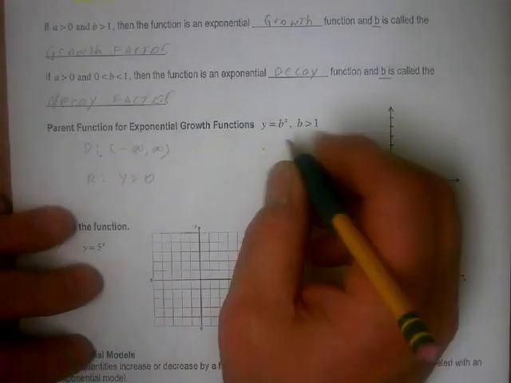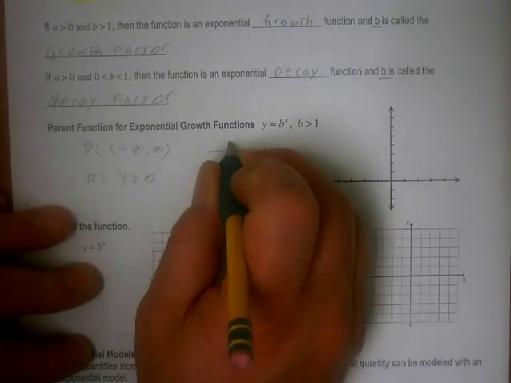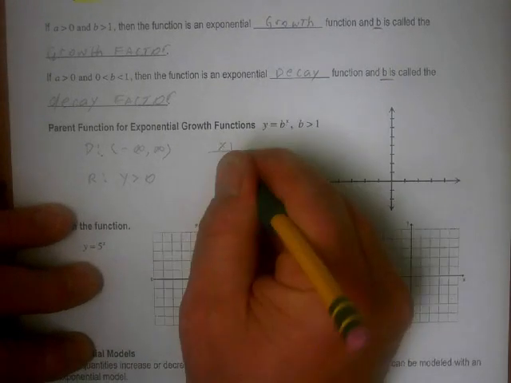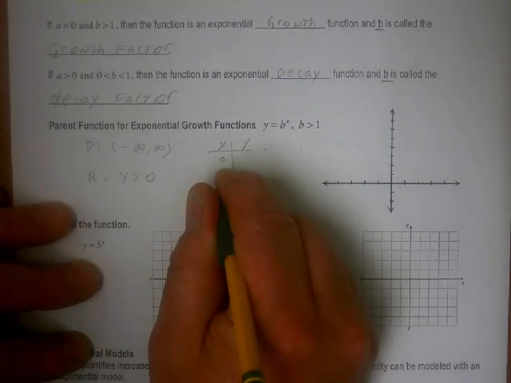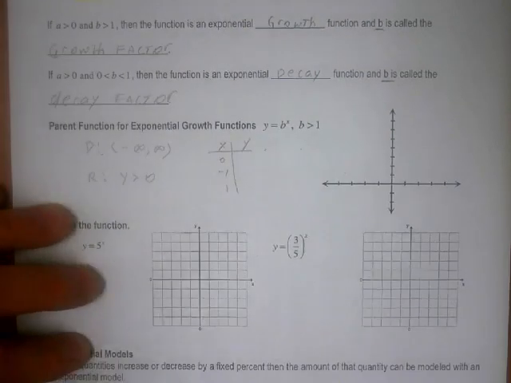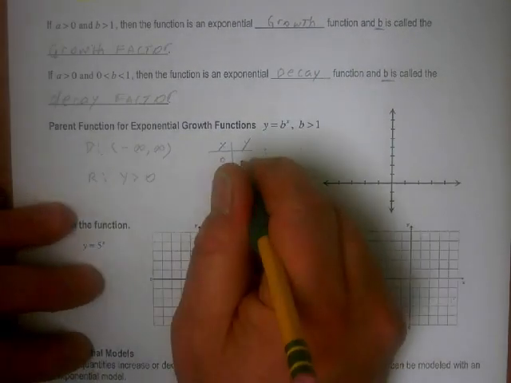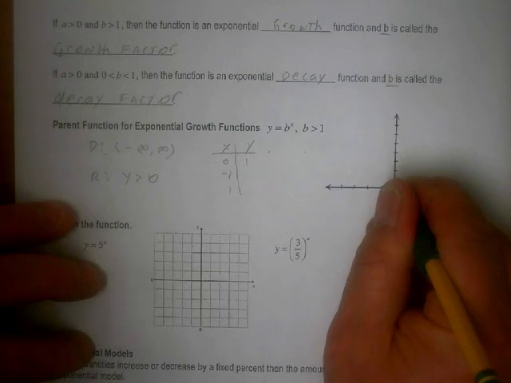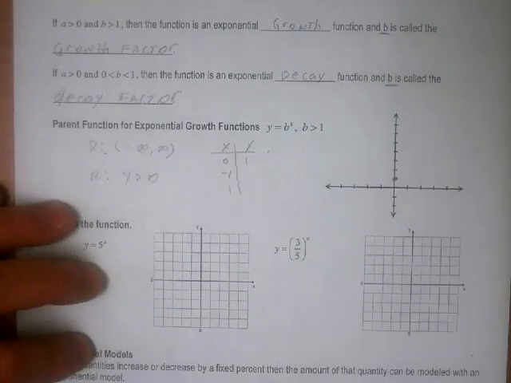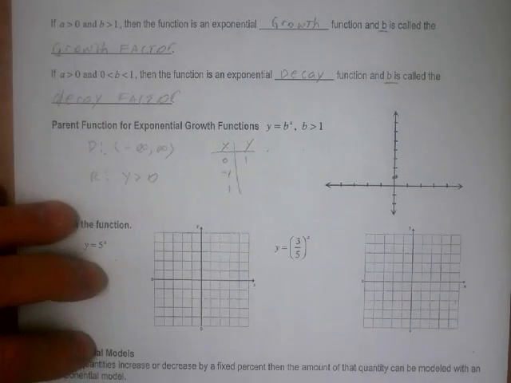Now, if we set up a really quick table of that function, we're going to have 0, negative 1, and 1. If I put 0 into this function, y is 1. So that ordered pair right there is 0, 1. That's where it's going to cross the y-axis.